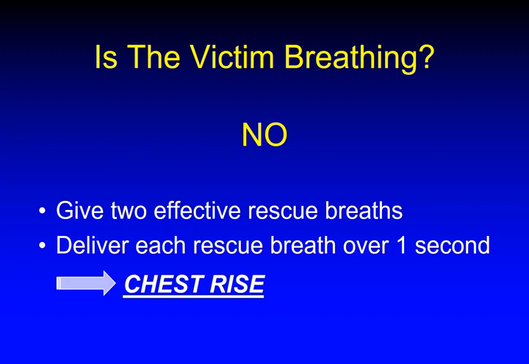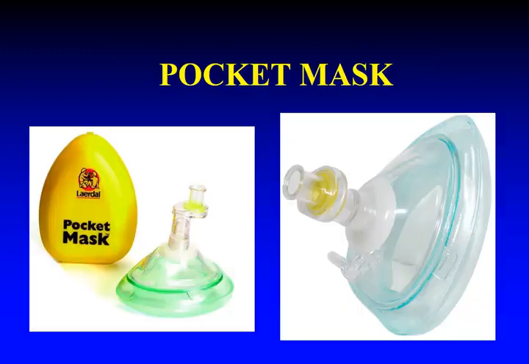But if there is no breathing, give 2 effective rescue breaths. Deliver each rescue breath over 1 second, and chest rise must occur. The rescue breath is given either by pocket mask or mouth to mouth.